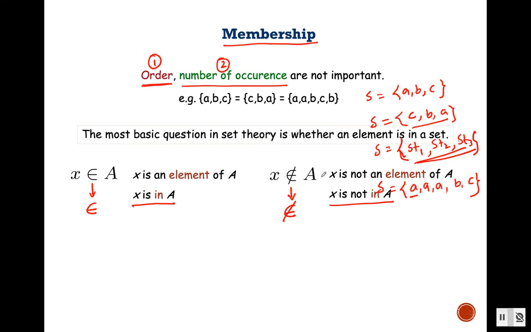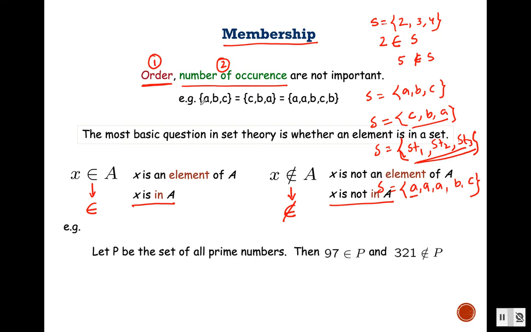For example, if we have S equals 2, 3, 4, then 2 is an element of set S. Now 5 is not an element of set S. Let P be the set of all prime numbers.